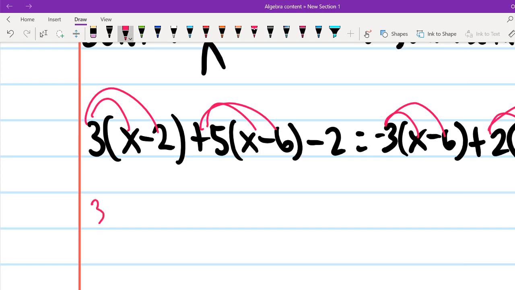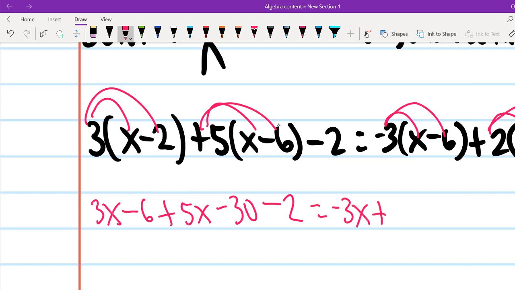So then you would say 3x minus 6 plus 5x minus 30 minus 2 equals negative 3x plus 18 plus 2x minus 6. And then you combine your like terms.